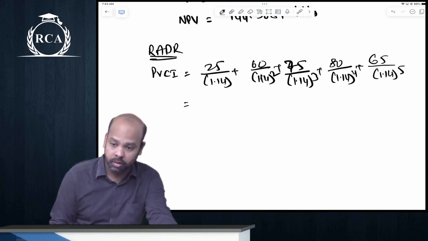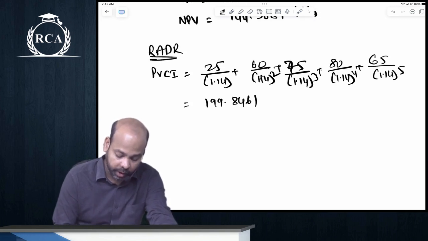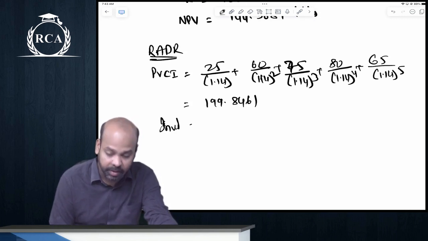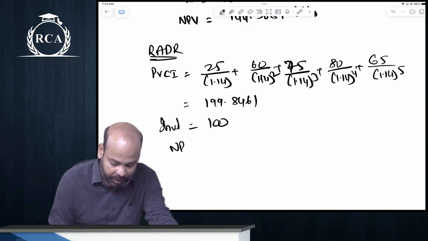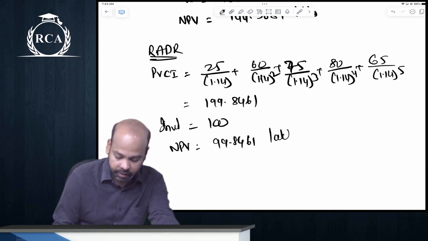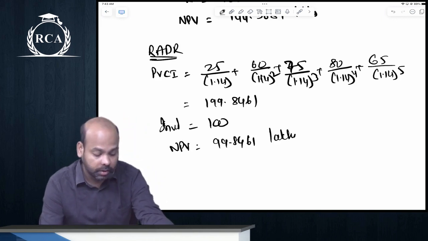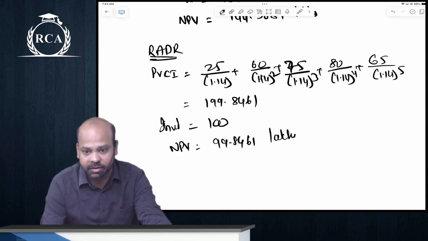Well, 199.8461. Your initial investment, beta, is 100 lakhs. Therefore, your NPV, beta, would be 99.8461 lakhs. Are we all clear about this? Sure, guys? Okay, then do the next question.